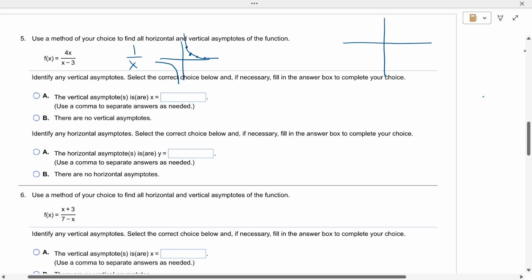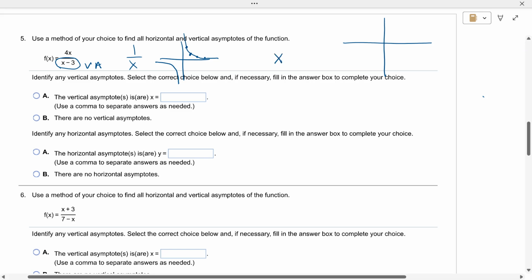So now we have 4x over x minus 3. Okay, so there's going to be an asymptote somewhere, and the vertical asymptote depends upon the denominator.